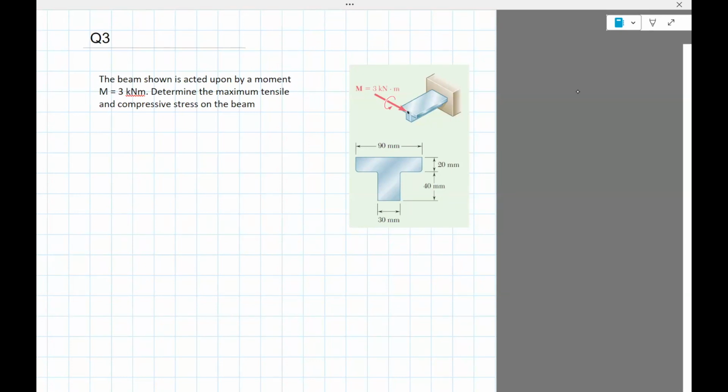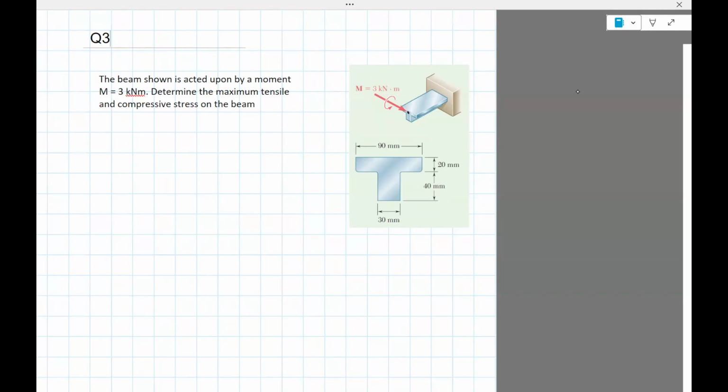The beam shown is acted upon by the moment M, which is shown. Determine the maximum tensile and compressive stresses on the beam. If the object is symmetric, like we've seen before, the compressive stress and the tensile stress are equal and opposite, right? But in this one, you will see that it's not true.